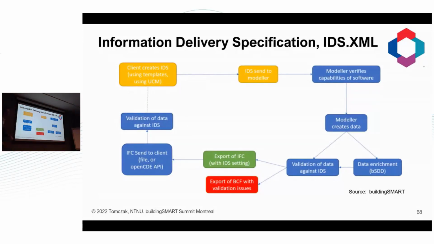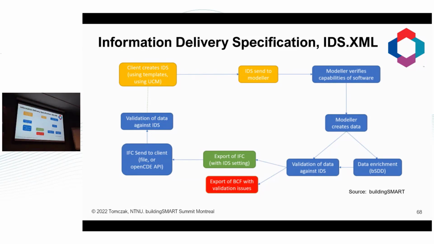So the idea with IDS is that you specify your information requirements in a way that is machine interpretable. So you don't only have machine readability, so that the machine can read your data, but also the machine can interpret what it means and how to check if your model complies with it, which is also present in other methods to require information that I mentioned before.